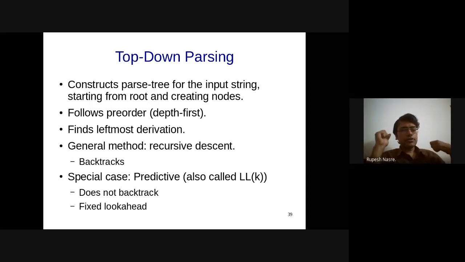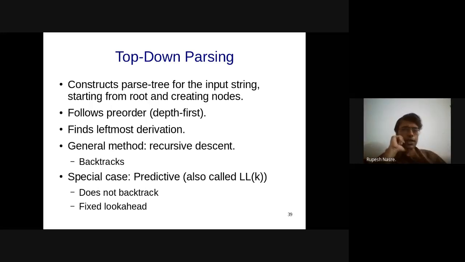That's also one of the good connections between logic languages and artificial intelligence. Many game trees get built like this, where you require backtracking. But that is a general method for recursive descent top-down parsing.